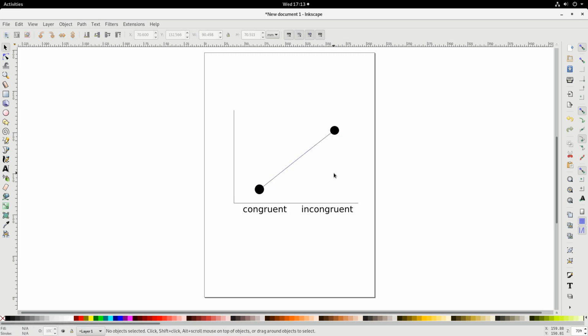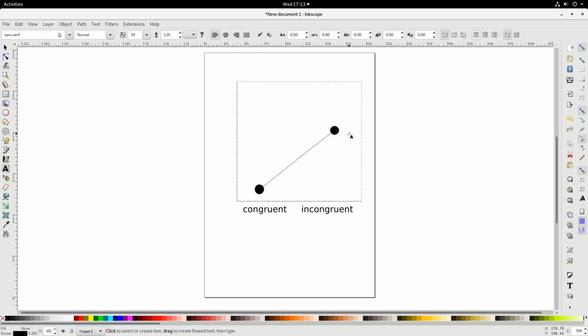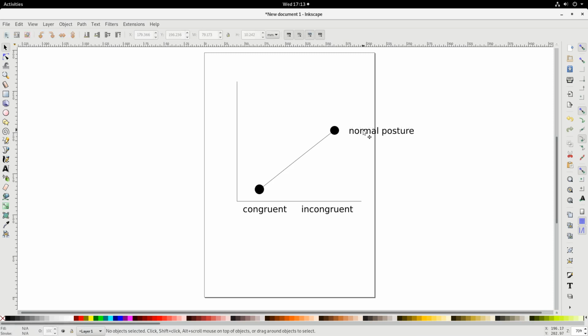So here we have a normal Simon effect, and this could be, for example, the effect that we have in the normal posture.